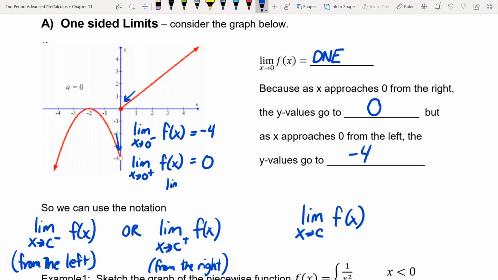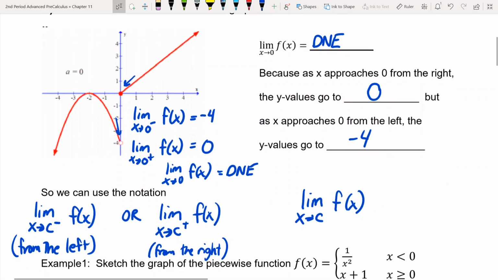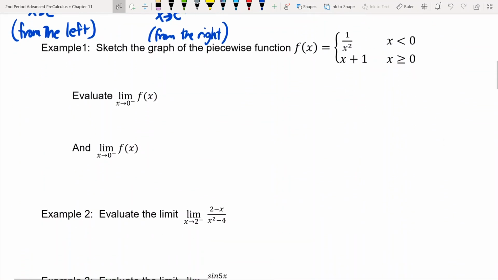And then if I have the limit as x approaches 0, which is a two-sided limit, you're going to say this does not exist because the two values are not the same. So basically a one-sided limit is just splitting the two-sided limits in half and taking each side as its own problem. So looking at this piecewise function, let's see what happens here.